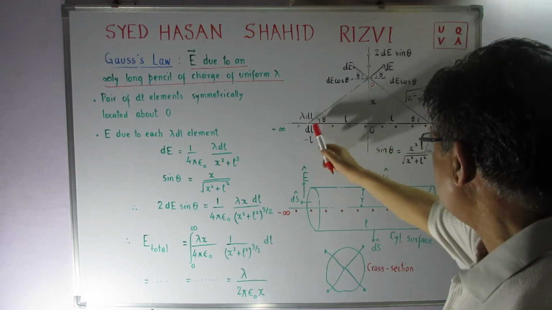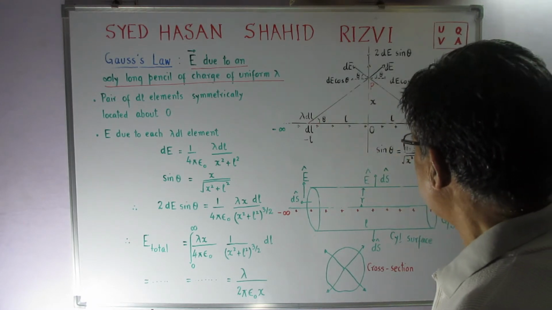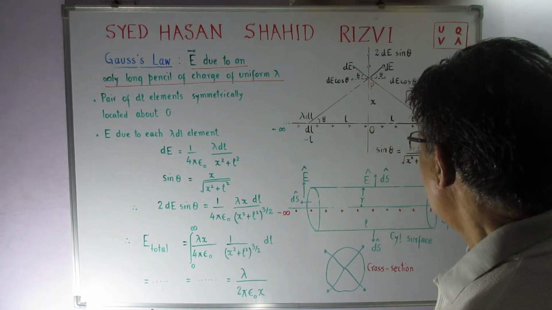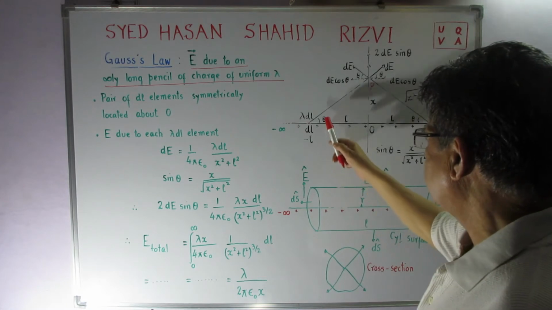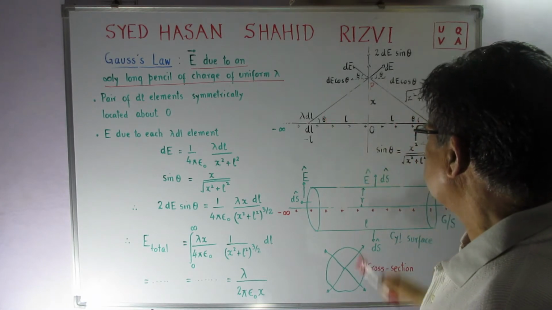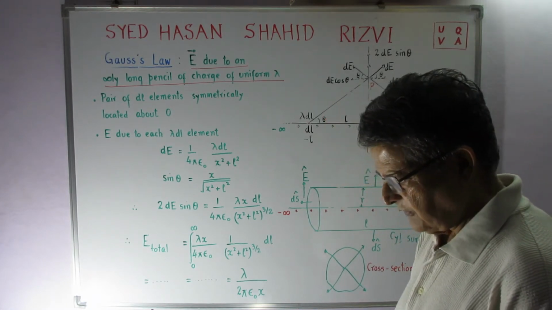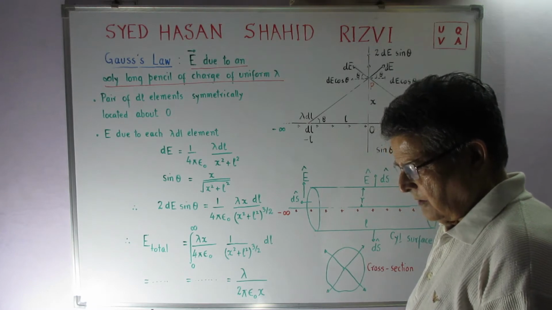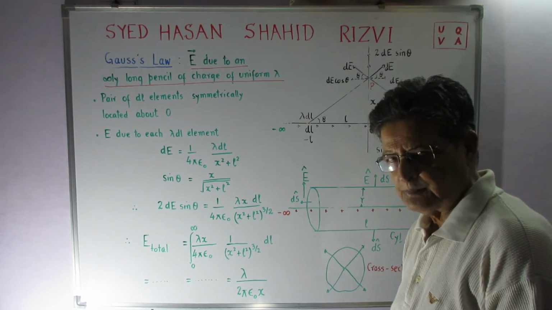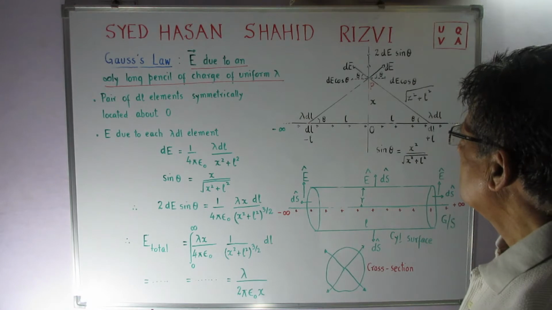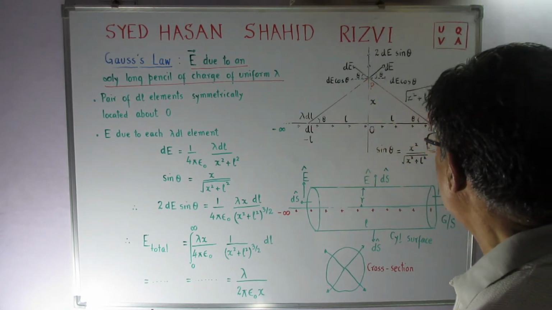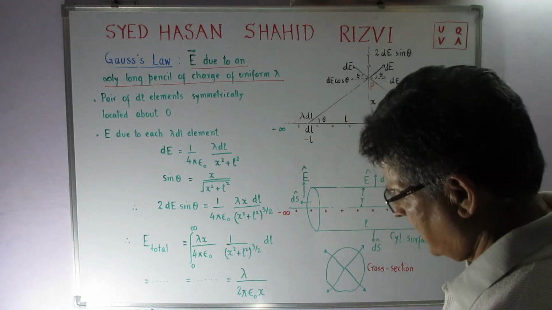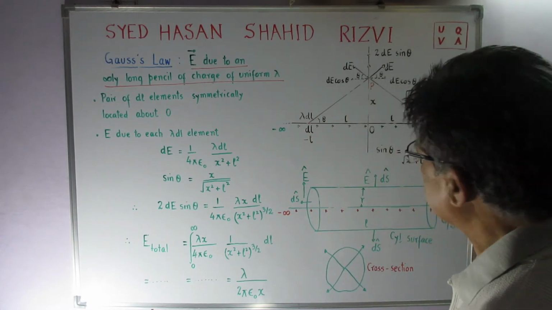Now these two elements, dl and dl, on the left and right of the point O, we have taken symmetrically. So the angle, if it makes theta here, and the angle is theta here, this is a kind of isosceles triangle, both the two sides of which are equal to each other.